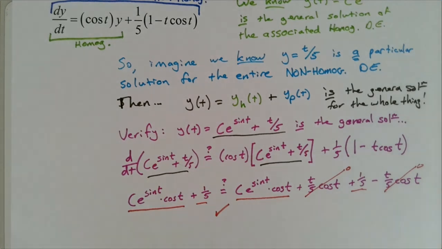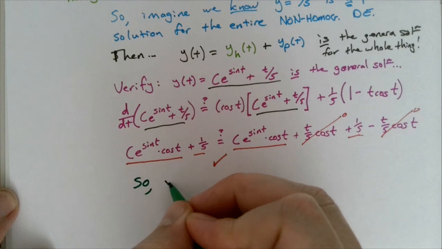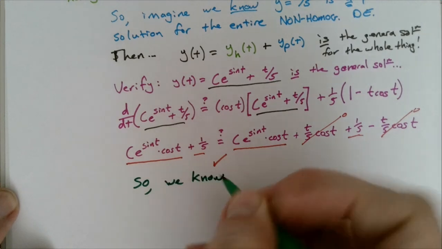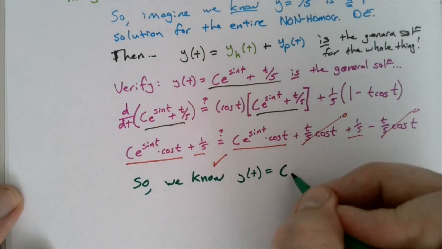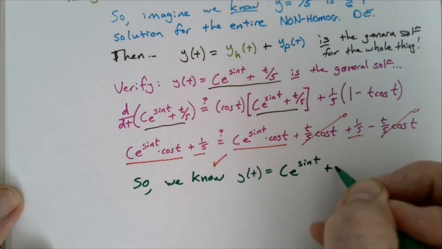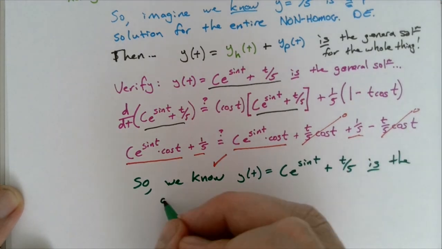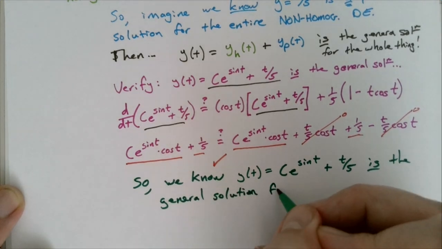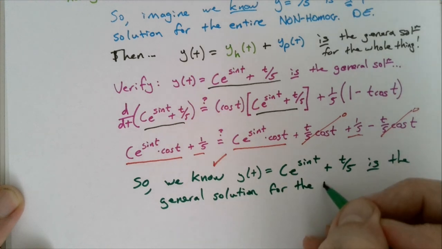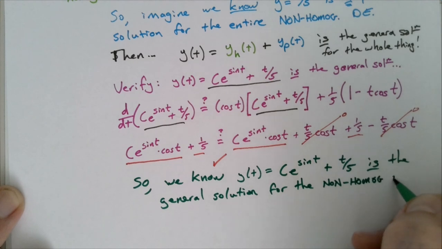So what we've just done is verify that y of t equals c e to the sine t plus t over 5 is the general solution for the non-homogeneous differential equation.